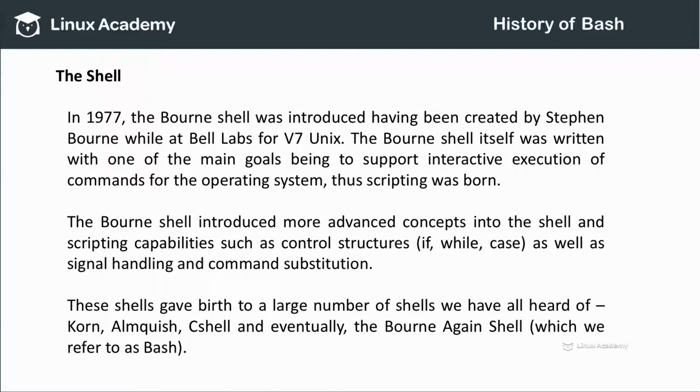It introduced a lot of the more advanced concepts into the shell, and scripting capabilities such as control structures, extremely important: if, while, case, as well as signal handling and command substitution. So it allowed us to do a lot of the modern flow control that you expect, input and output for any shell script. And these shells, particularly the Bourne shell, gave birth to a large number of shells that we've all heard of, whether it's Korn, Almquist, C shell, and eventually the Born Again shell, which we refer to as bash.